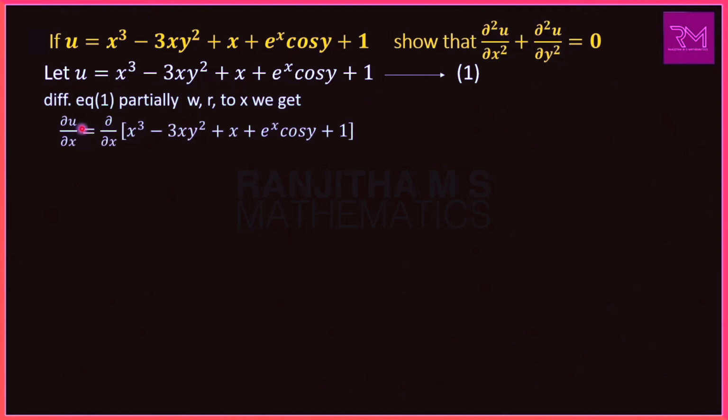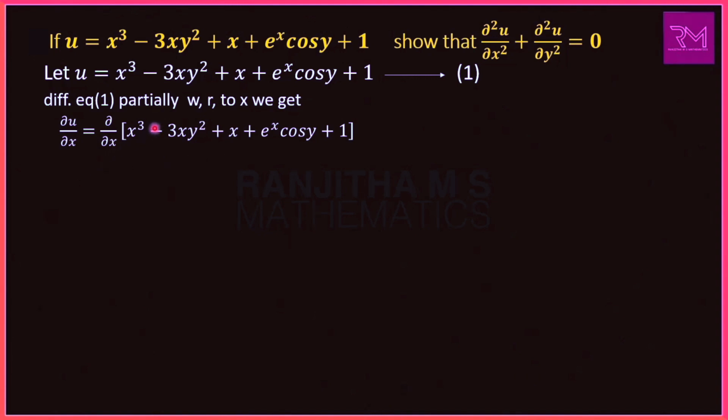We get del u by del x as del by del x of x cube minus 3xy square plus x plus e power x into cos y plus 1. Here we have to differentiate partially with respect to x, which means we consider y as constant.